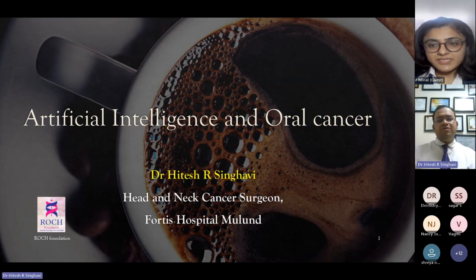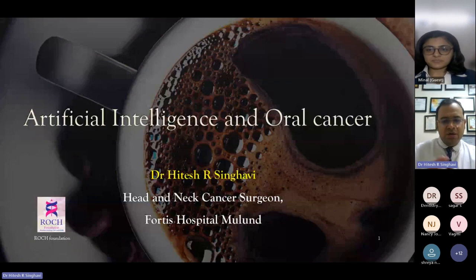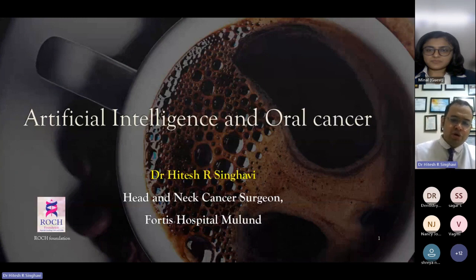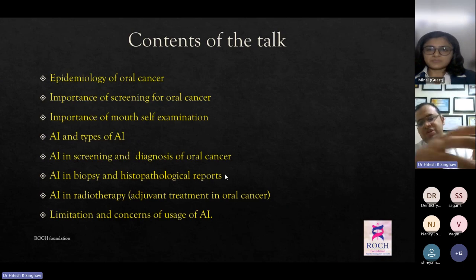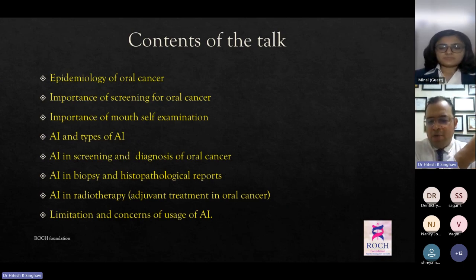So today we'll talk about artificial intelligence and oral cancer. First we'll start with why we are so focused on using this technology with oral cancer. Let me just cover the contents. First we'll check why we are choosing oral cancer, so it will cover the epidemiology part. What is the importance of screening in oral cancer?